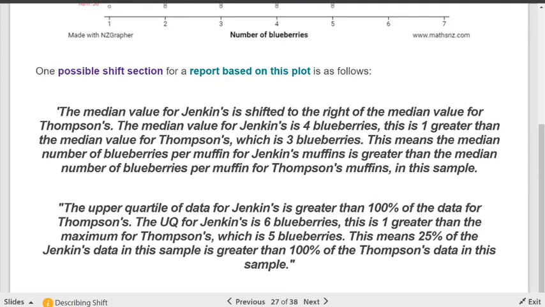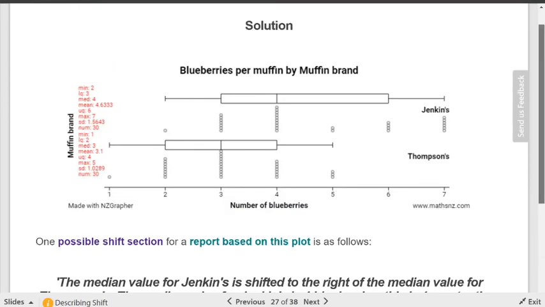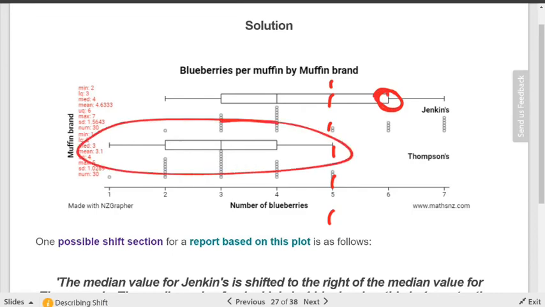The upper quartile of data for Jenkins is greater than 100% of the data for Thompson's. So look back at the graphs and see here. Here is the upper quartile of the data for Jenkins, right? Here is where all of the data, the maximum for the Thompson's ends. So this upper quartile is greater than 100% of the data from this one.